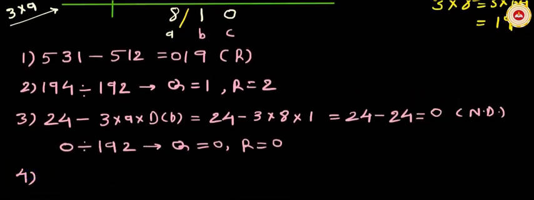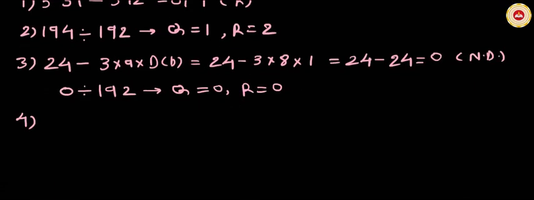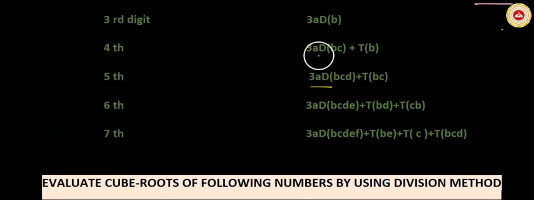Okay. What is gross dividend? 01, that is 1 only. Minus. Now what to subtract to evaluate fourth digit? 3 multiplied by A multiplied by duplex of BC plus triplex of B. 3A duplex of BC.